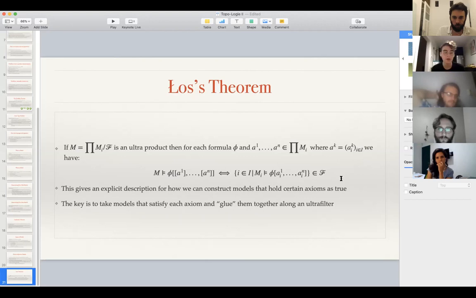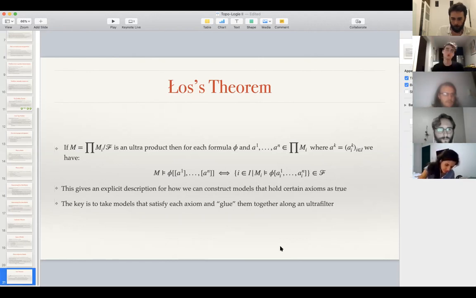Mm-hmm. That you want an axiom. The indices of the models that force it should be in the ultrafilter, or of the submodels that force the restriction of it. So it gives you a way that if I have one of these ultraproducts, I can explicitly look at whether all these axioms are satisfied.